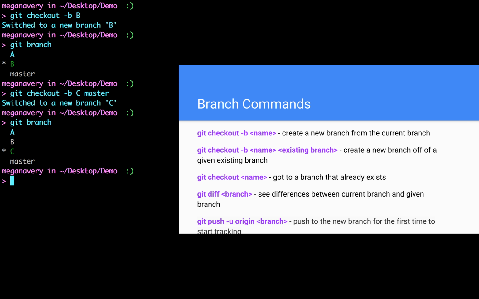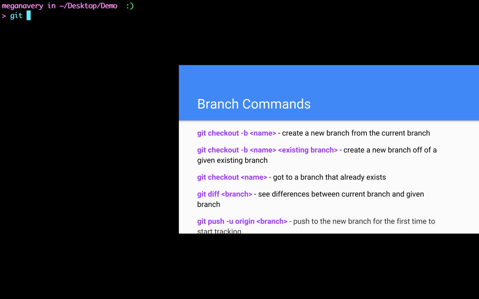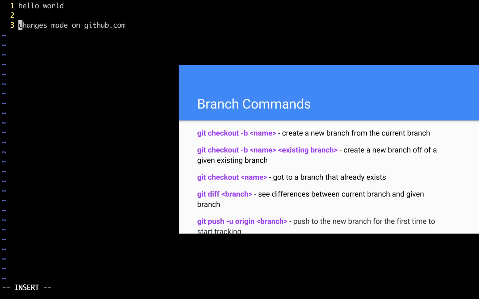So now I can use git checkout name to switch to a branch that already exists. So I could do git checkout A, and now I'm on branch A. So let's open up example.txt and add changes on branch A to it.